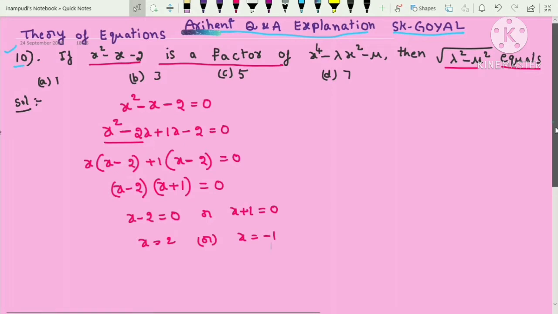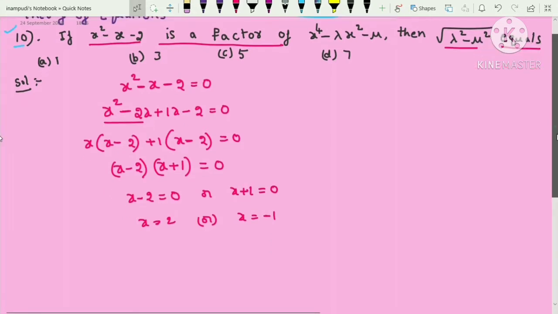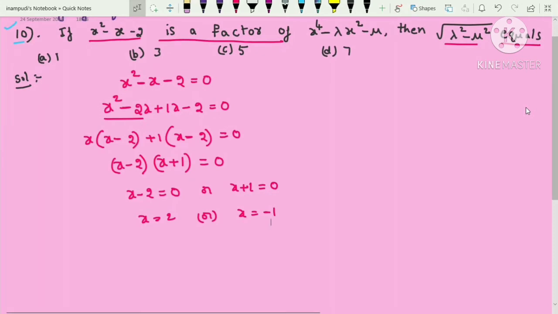These are also roots for this equation: x power 4 minus lambda x square minus mu equal to 0.